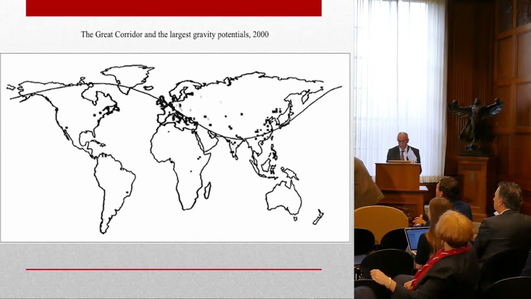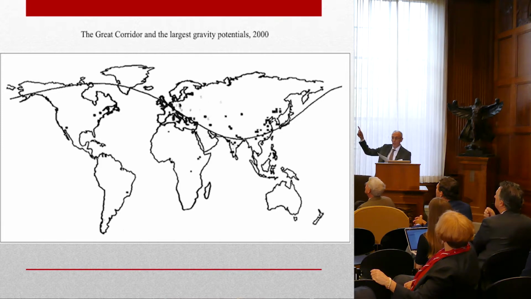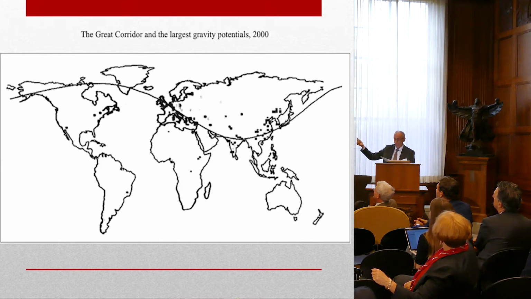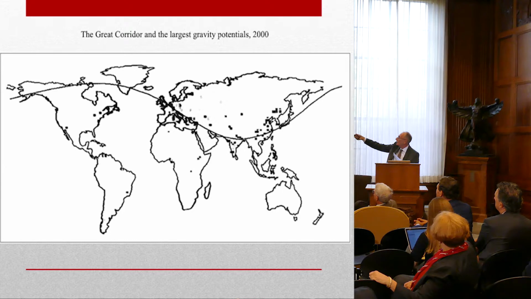So the first corridor, the great corridor, the one with the history we have learned at school. It starts with Mesopotamia, right here, and then Greece and Italy and so on. It corresponds to the highest densities of population.